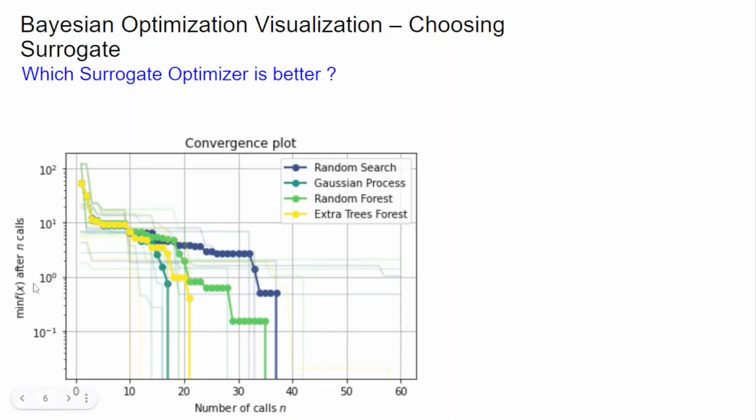What are these 2 axes? One is what sort of minimum function value am I getting. Think of it like the minimum point I want to achieve, the lowest one I want to see. The other is the number of calls I have to make, meaning the number of steps I have to run before I got to the lowest point.